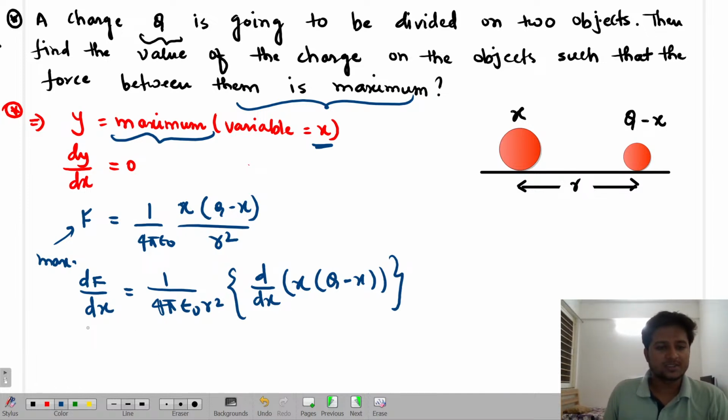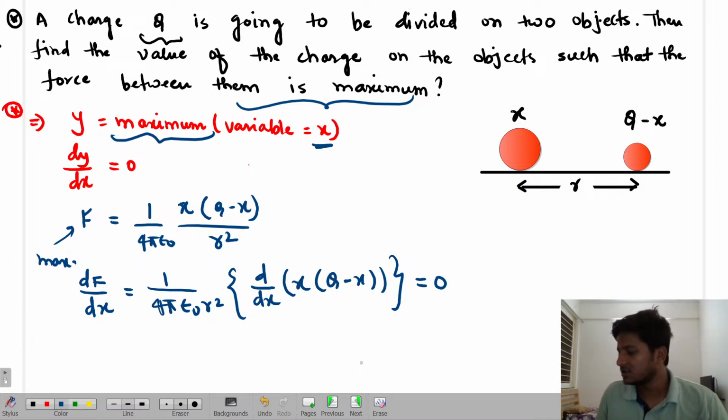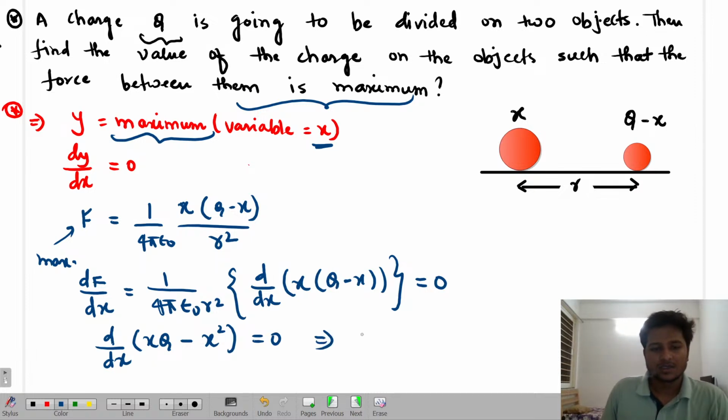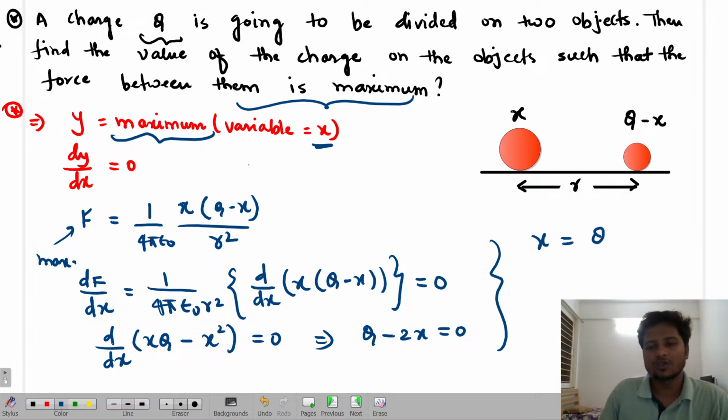When I do that differentiation, I need to put it equal to 0. So I get d by dx of x into q minus x square equal to 0. This gives us q minus 2x equal to 0, and that means x is equal to q by 2.